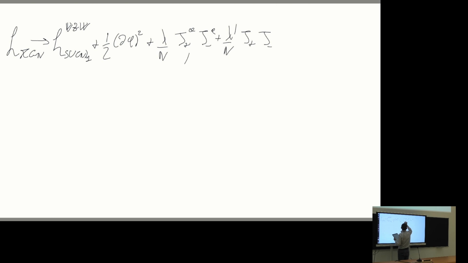So these are the SU(N) currents, while this is the U(1) current. Okay?